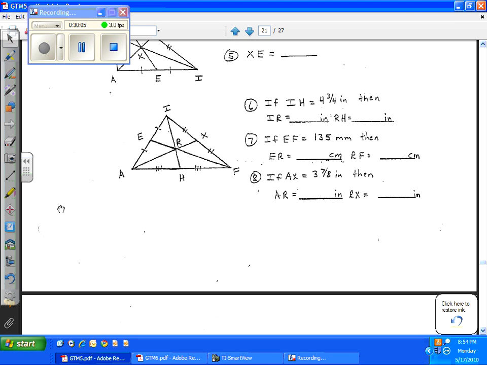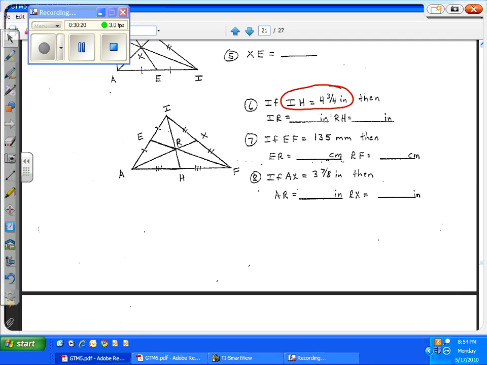The next picture has medians also. And so it says IH is 4 3/4. That's the whole median from here to here. We know that the medians intersect at a point that is 2/3 of the distance from a vertex to the midpoint of the opposite side.